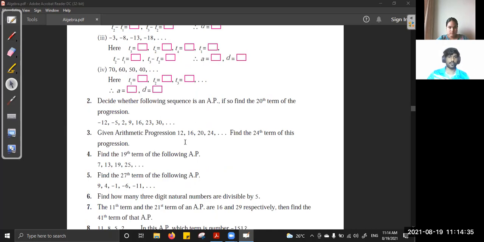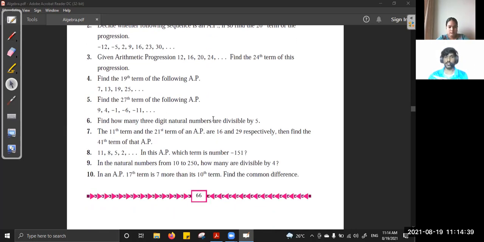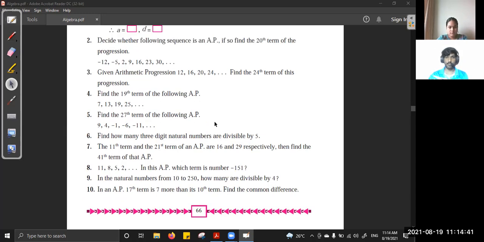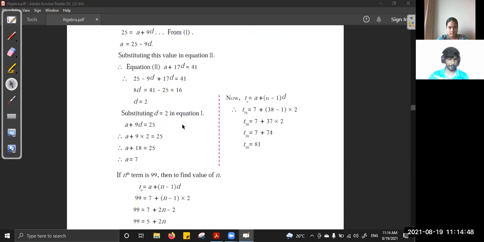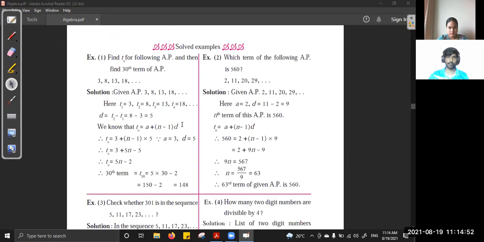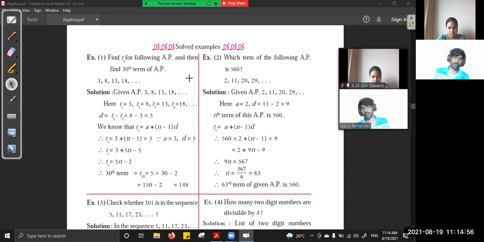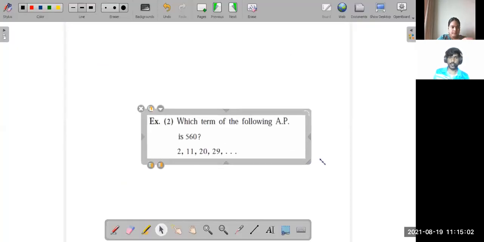Okay, so before doing the 6th one, I'll do one example sum and then I'll come to the 6th one. So you will have a better understanding. Understand this question first.